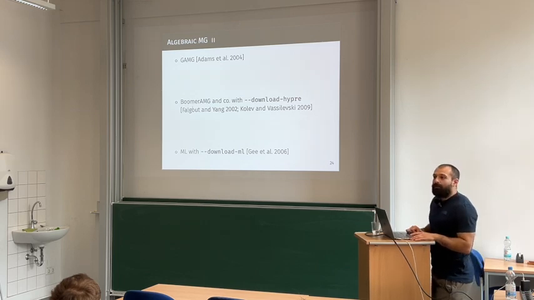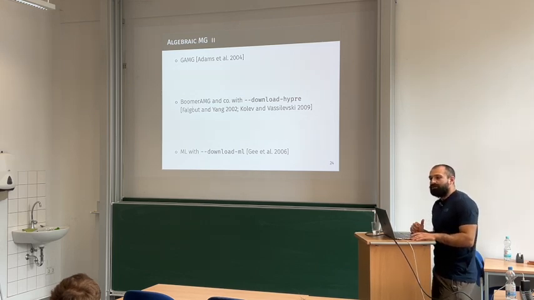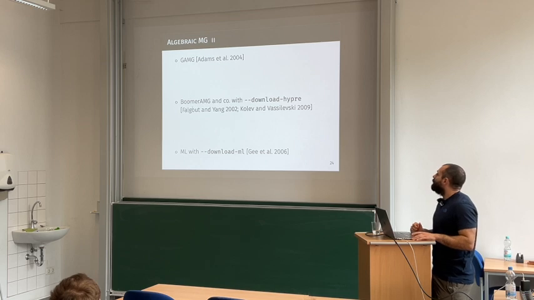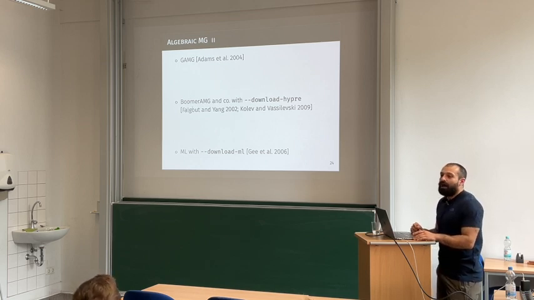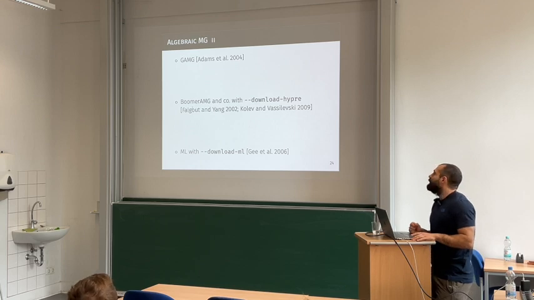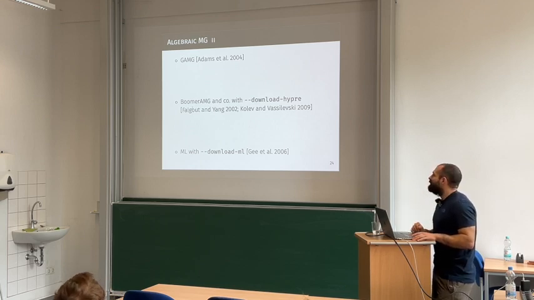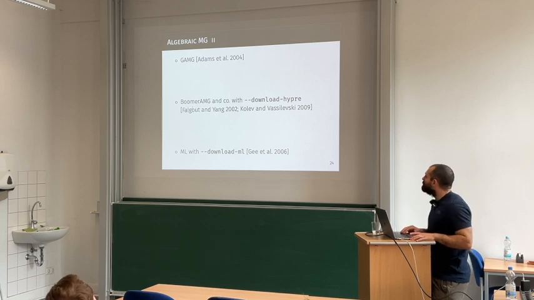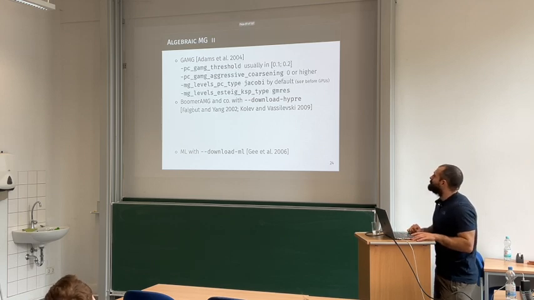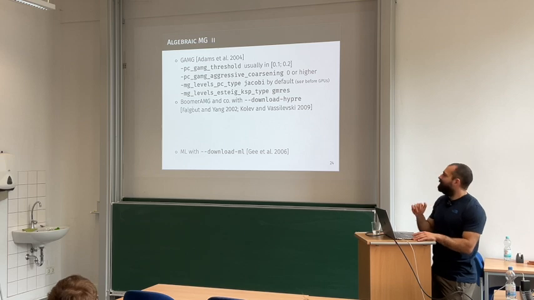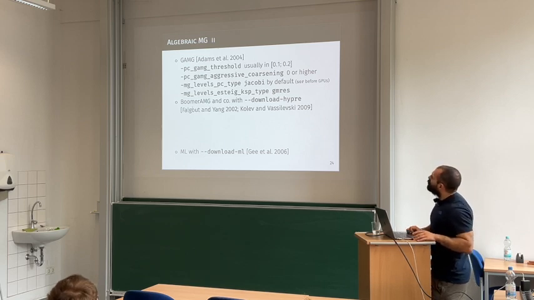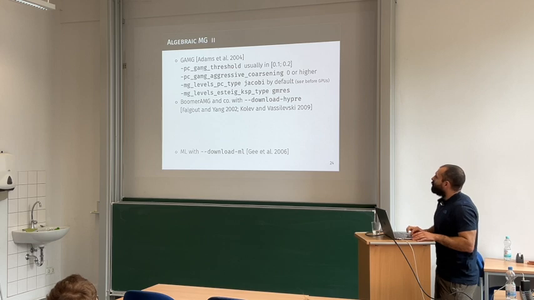In PETSc there are 3 algebraic multigrid solvers. There is GAMG, which is basically the in-house algebraic multigrid solver. So you don't need to download anything, it's automatically there for you. The most important parameters, at least from my experience, to play with when you are using GAMG is basically the threshold.